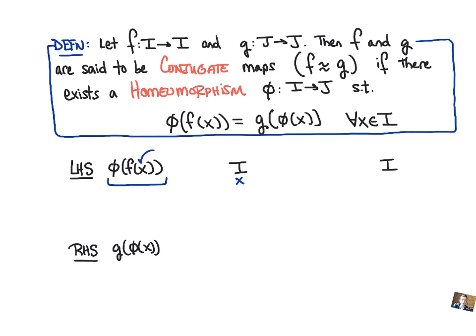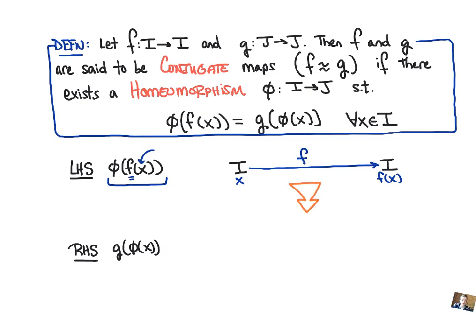We start in an interval I, so I'm going to draw two I's here, and we start with a variable x. So I'm looking at this condition here. I'm starting with an x, and the x comes from the interval I. I then apply the function f. Remember, f goes from I to I. I apply the function f to that starting place x, and I get the function value f of x. So that's my normal map. That's the map that we're trying to find out something about. What we want to do, remember, the ultimate goal is to transform this map, right?